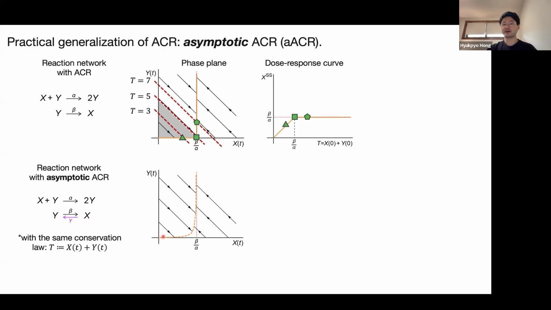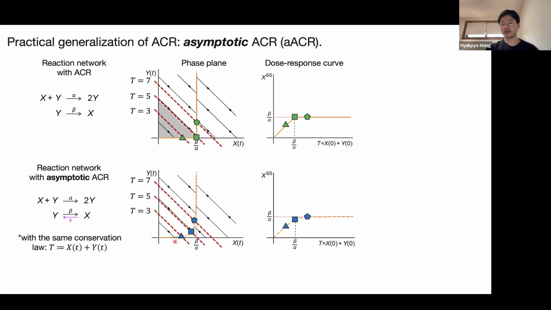So the set of steady states is a little elevated from the perfect orange line to this smooth curve. And if we do the same thing to draw the respective dose response curve, then we get this smooth orange curve from the origin to the horizontal line.